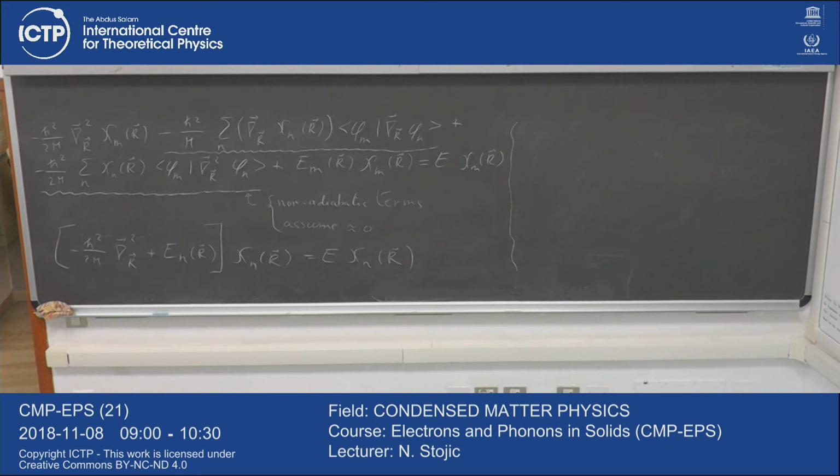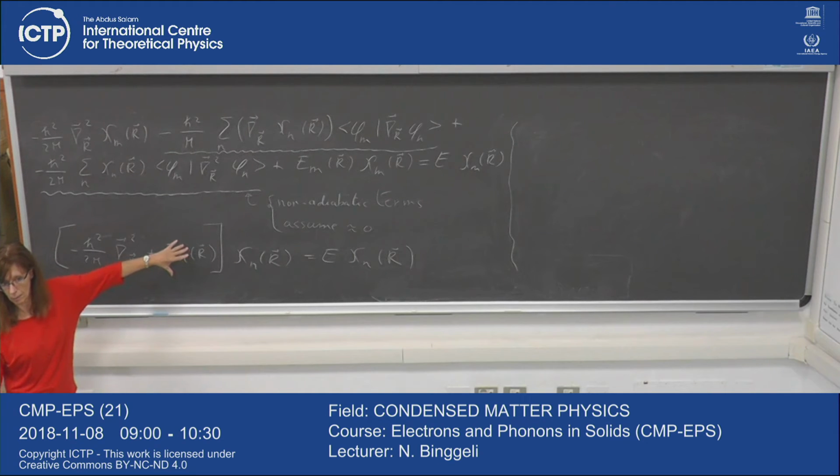So one gets a Schrodinger equation for the wave function of the nucleus, where the potential is actually the eigensolution of the electronic problem. Okay?